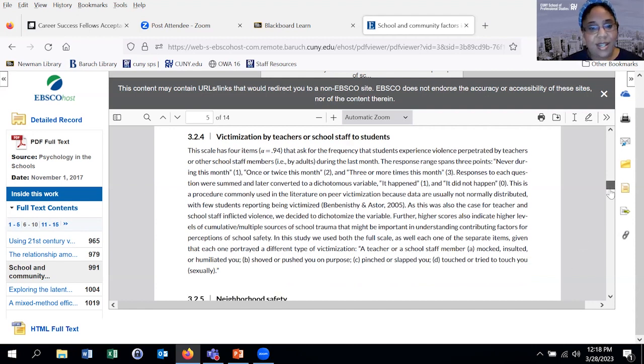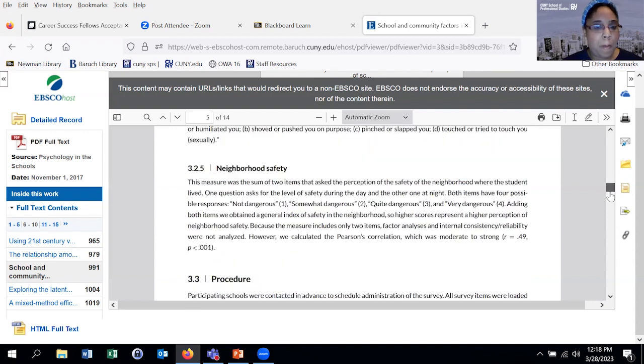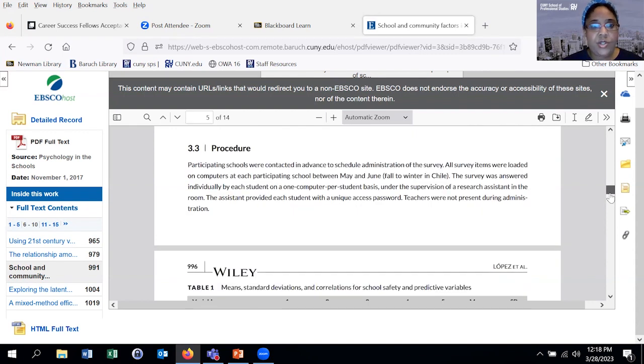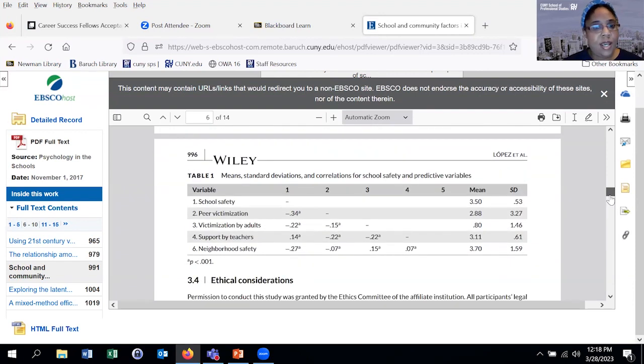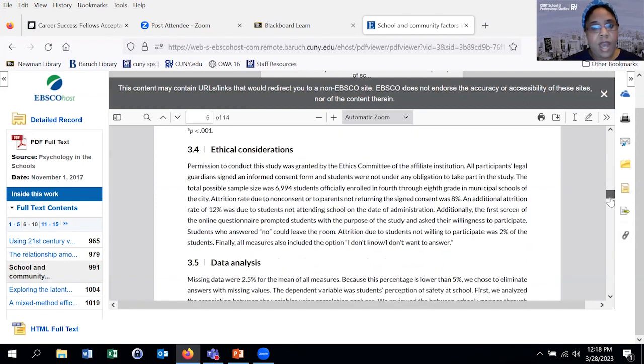And if we keep going, we next get to the procedure. So procedure, this is the step-by-step description of what they did in terms of data collection. Ethical considerations. Anytime you do research with children, you have to have some sort of focus on ethical considerations. Children are considered a vulnerable population.